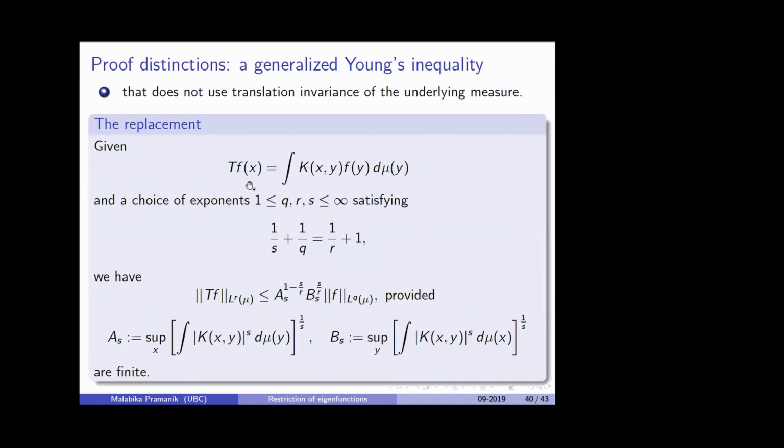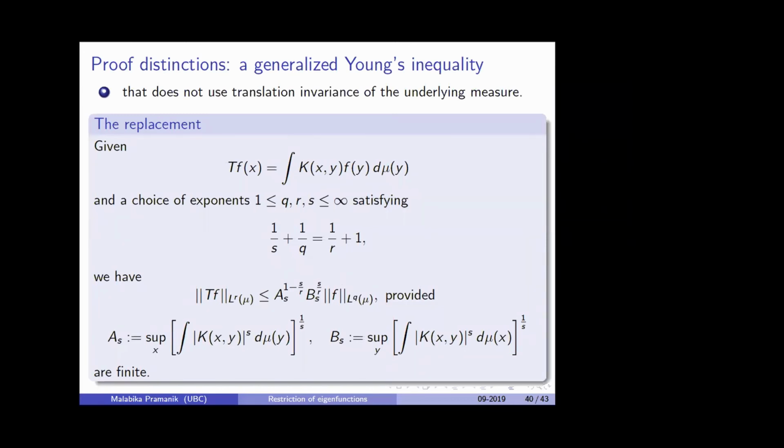Suppose that capital T is an integral operator with a non-translation invariant kernel K. Adapting ideas from Schur's lemma, we show that T maps LQ to LR with an operator norm that is given by the geometric mean of two quantities, A sub s and B sub s. What are they?